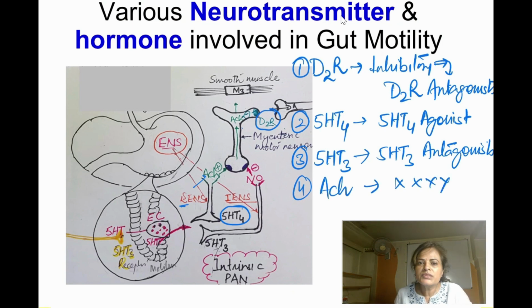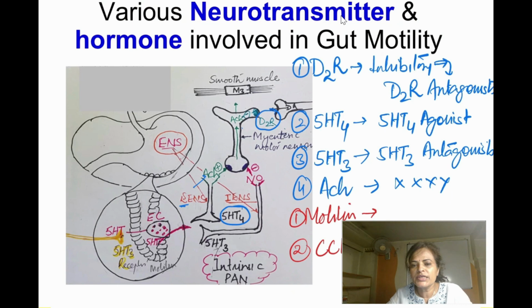Now, what are the hormones which are involved in the gut motility? The two hormones are motilin and cholecystokinin. This I have already explained.